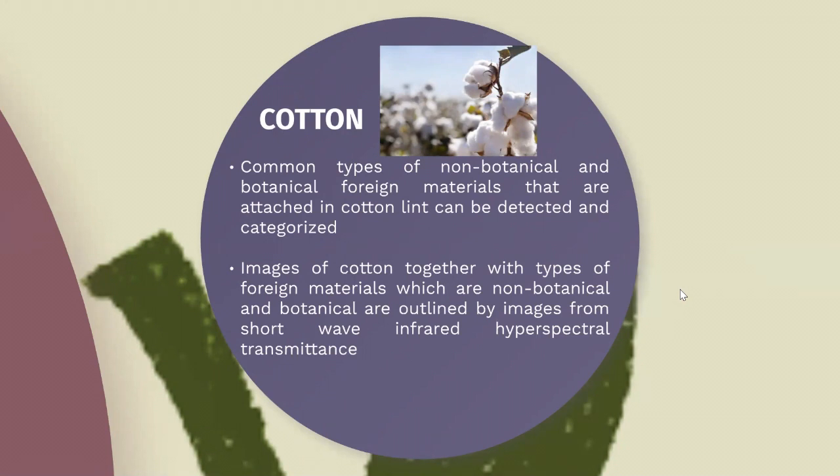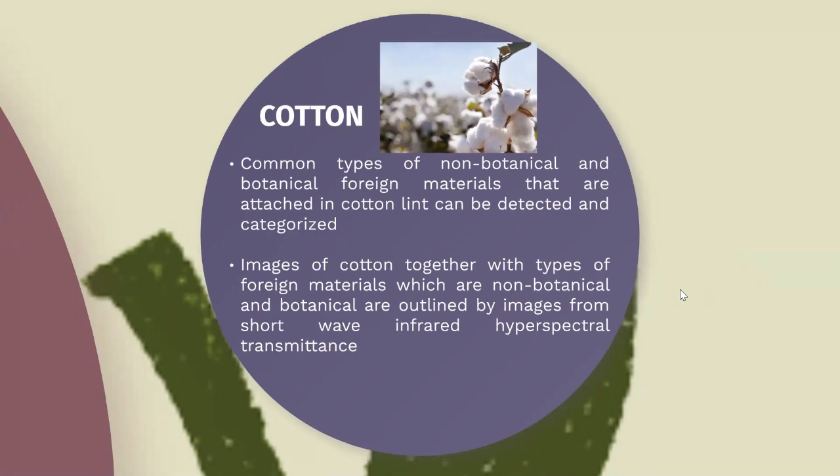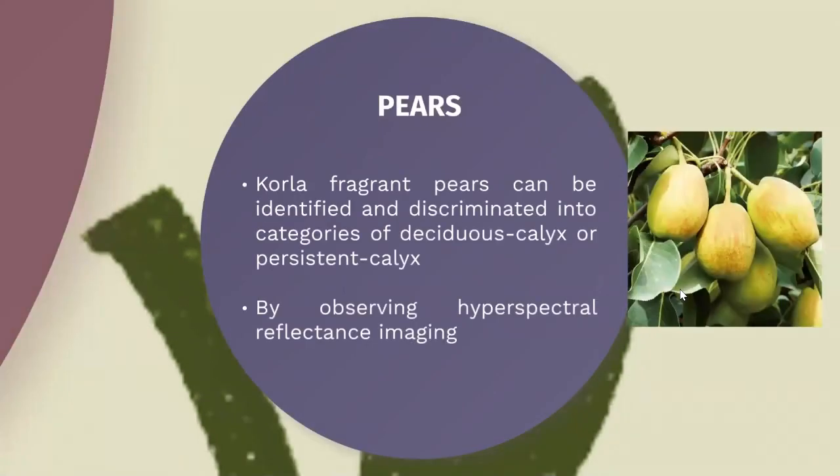Images of cotton together with types of foreign materials, which are non-botanical and botanical, are outlined by images from short-wave infrared hyperspectral transmittance. Other than that, cola fragrant pears can be identified and discriminated into categories of deciduous calyx or persistent calyx. This can be done by observing hyperspectral reflectance imaging.